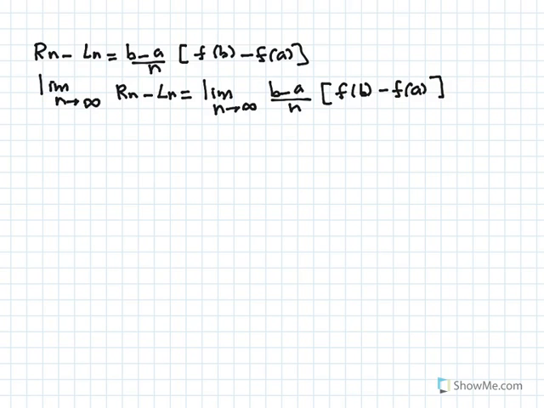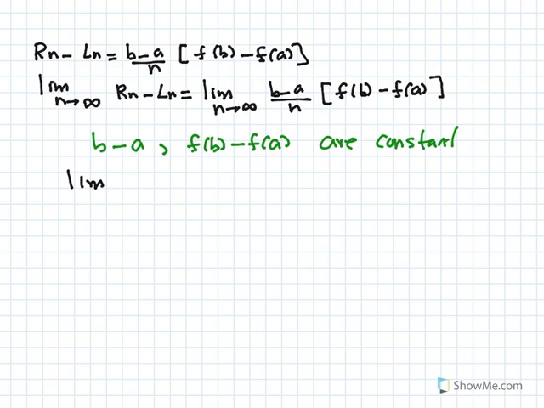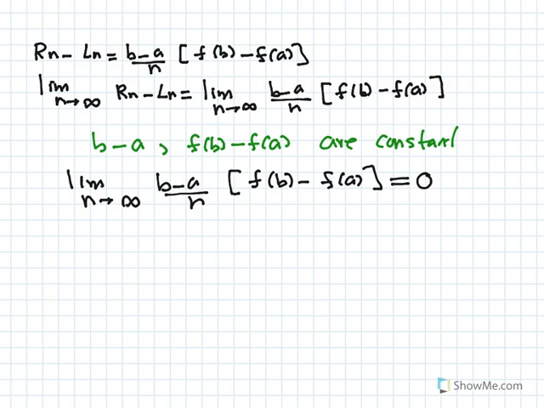Now, notice that b minus a and f of b minus f of a are fixed constants. And in the limit, as n goes to infinity of b minus a over n times f of b minus f of a, this limit will be 0.